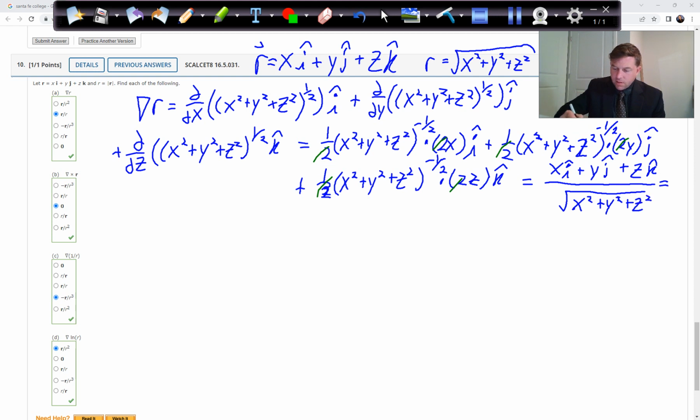But if you look at this, this on top is the original r vector, and this on bottom is the magnitude of r. So let me actually write that like that. That's the magnitude of r. So the gradient of r is just the original vector divided by its magnitude for this one.